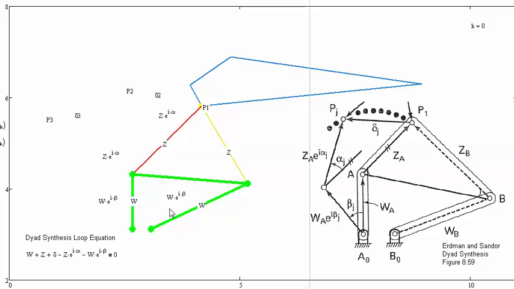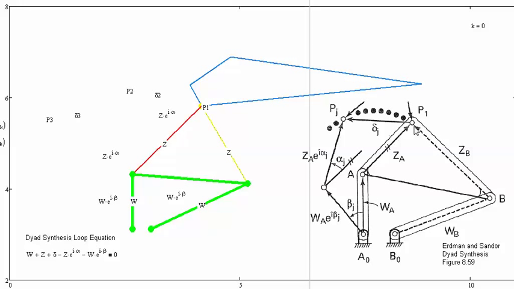Okay, I'm not going to really worry about left hand, right hand at this point. I'm going to simply say, okay, we're going to call this the W link. Now, on the coupler, rigidly attached to the coupler, is a vector that goes from A to a point labeled P1. And if you remember from our discussion last time, key points in a synthesis problem would be having a P1, a P2, and a P3 for 3-position synthesis.